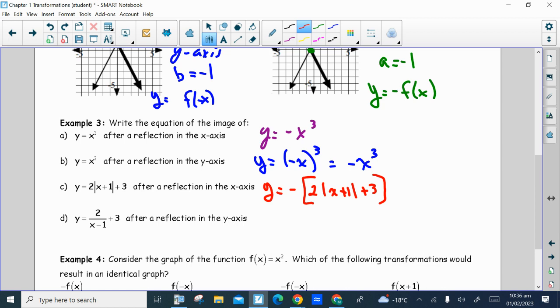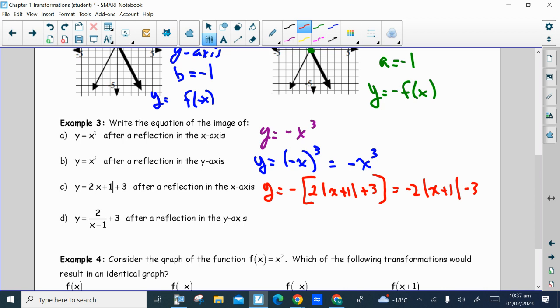So not only is it 2 multiplied by -1, the absolute value of x plus 1, is all part of that term. But also the positive 3 is multiplied by the -1, so it becomes -3.